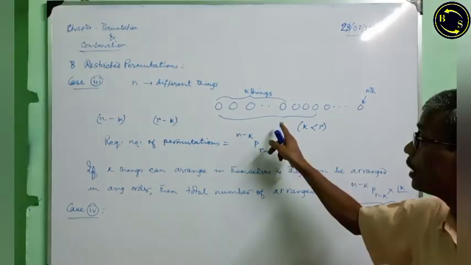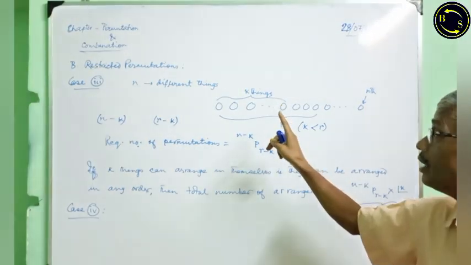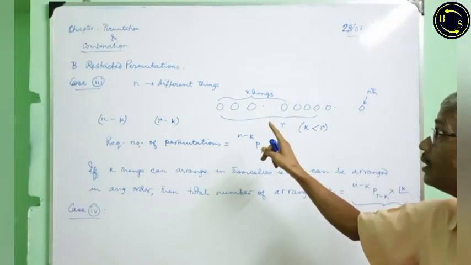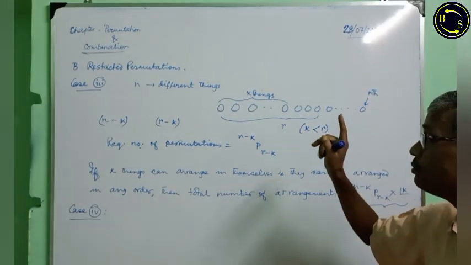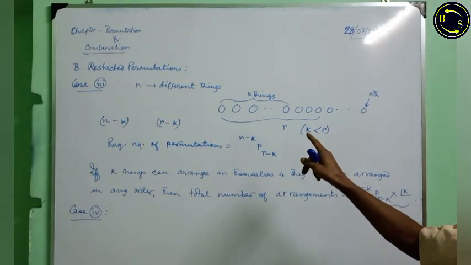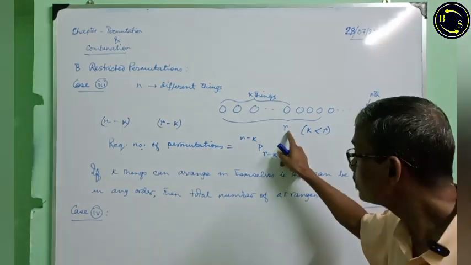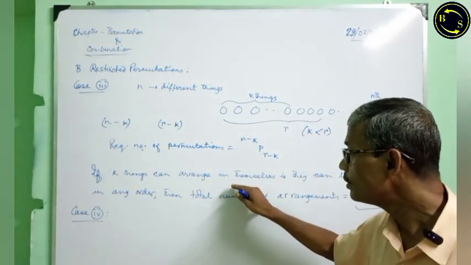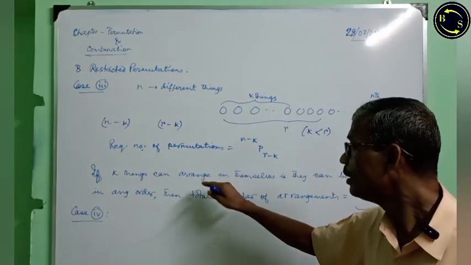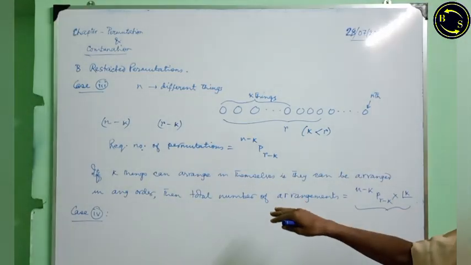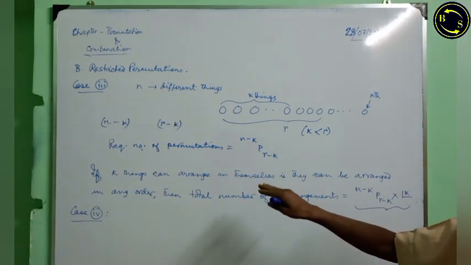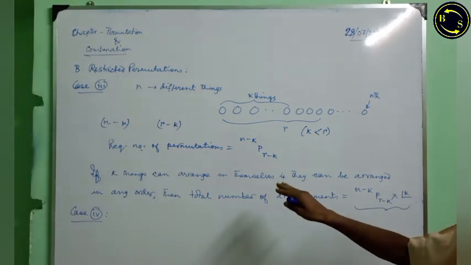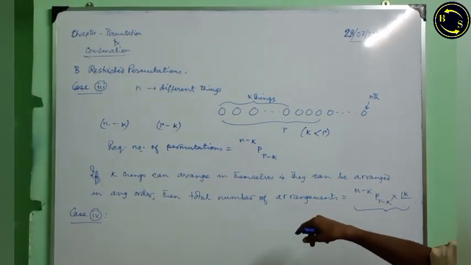In this case, k things will occupy specific positions in the first case, and in the second part, k things can arrange in themselves. That means they can be arranged in themselves.